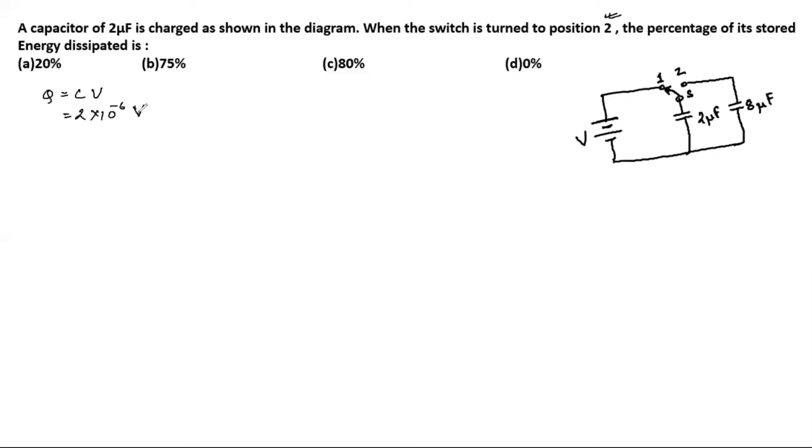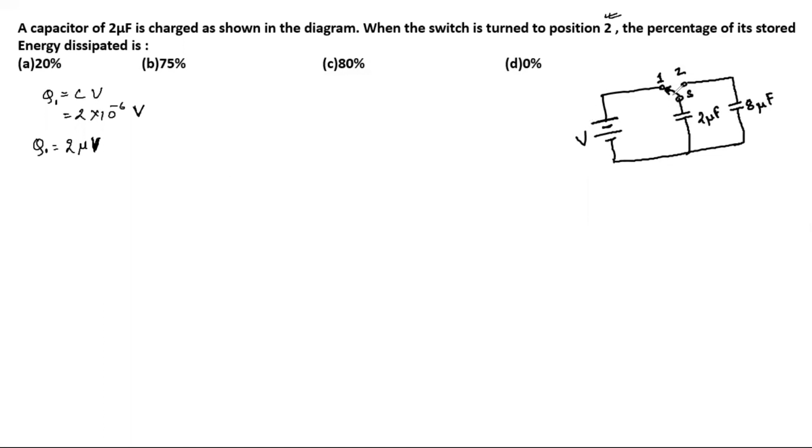So let's keep it as V. So this 2 microfarad capacitor is going to have a charge of 2 micro V coulomb. This is the amount of charge stored in this capacitor when it is connected to the battery of voltage V initially.